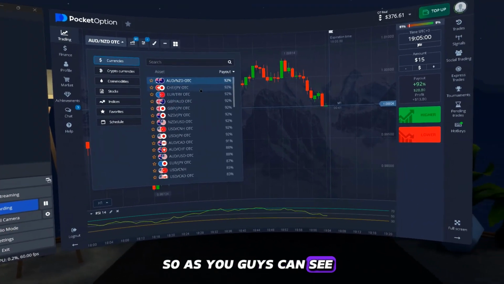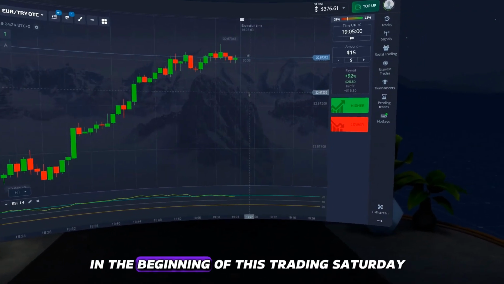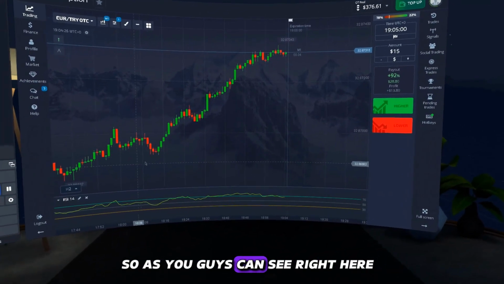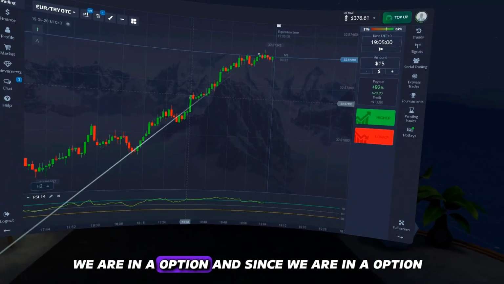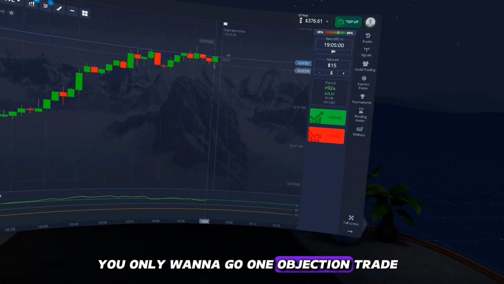So as you guys can see, we have one trade in the beginning of this trading strategy. So as you guys can see right here, we are in an uptrend, and since we are in an uptrend, you only want to go for an up direction trade.